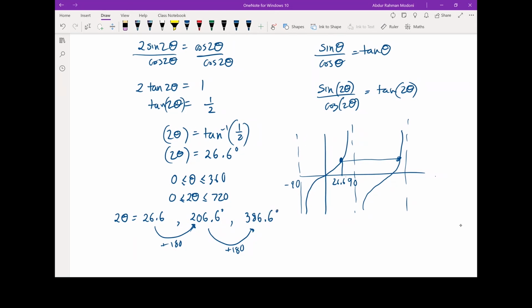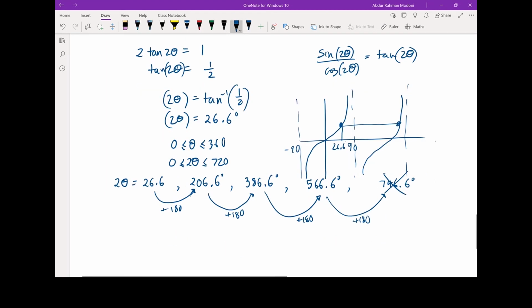Keep on doing that, add another 180, because I want to get all the way up to 720. That gets me 566.6 degrees, which is still fine within 720. Add another 180, and that gets me 746.6 degrees. This one is outside the range, so we stop here. So we found all our solutions for 2 theta.